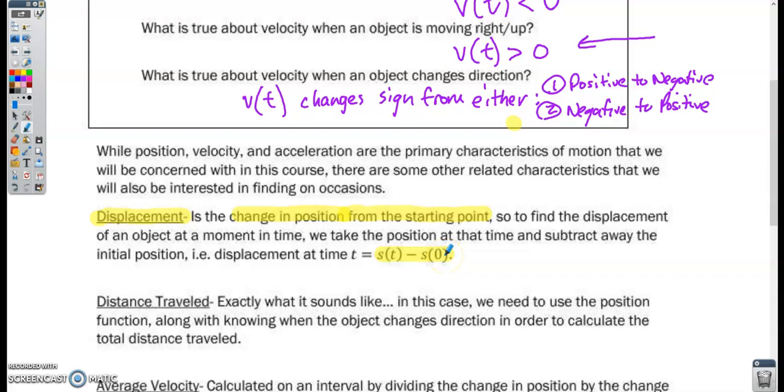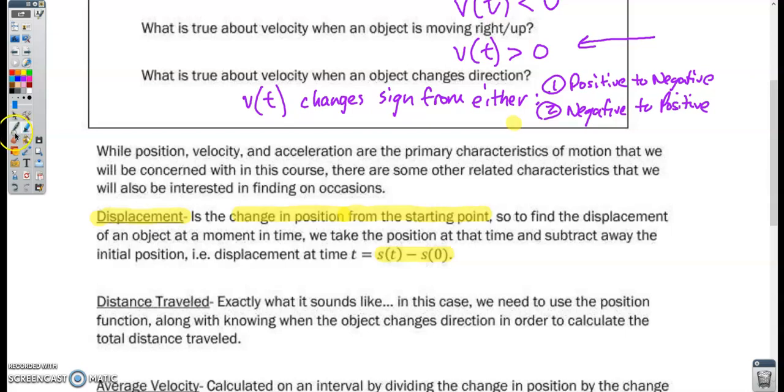Distance traveled. Distance traveled is exactly what it sounds like in the context that you would have already known it. It's how far we've traveled. In this case, we're going to need to use the position function, and we're also going to need to know when the object changes direction in order to calculate the total distance traveled.